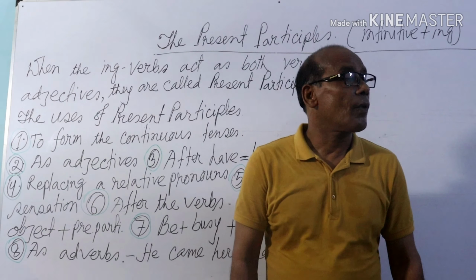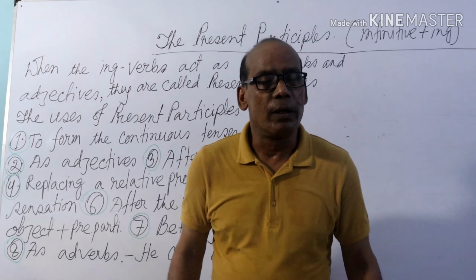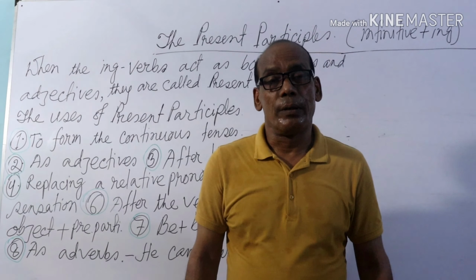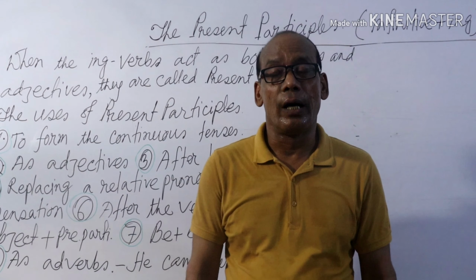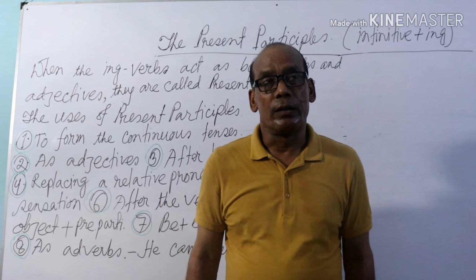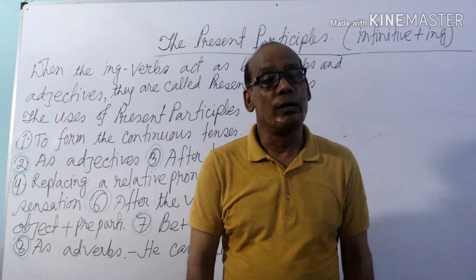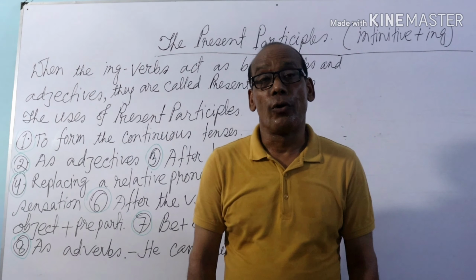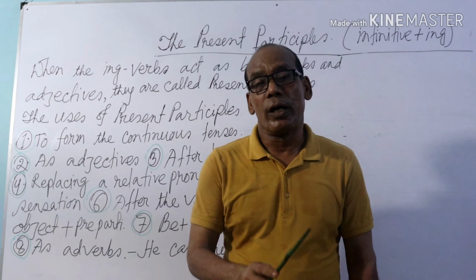And here I would like to mention another thing, by the way, that is, gerund is also formed of verbs having ing, and present participle is formed with ing, but the difference between them is that present participle works as an adjective. On the contrary, gerund, though formed with ing, works as a noun. Suppose walking is a good exercise. Here walking is gerund.